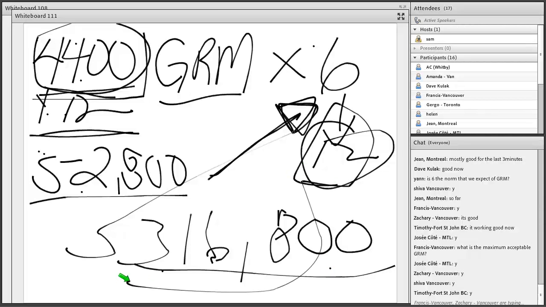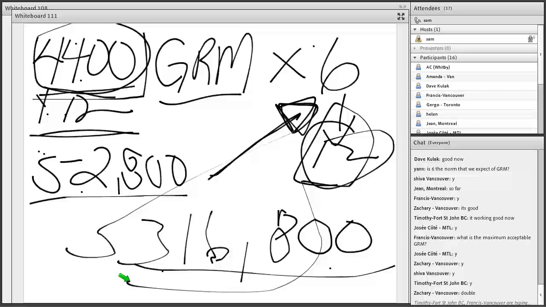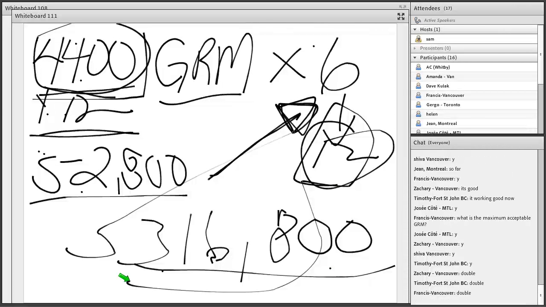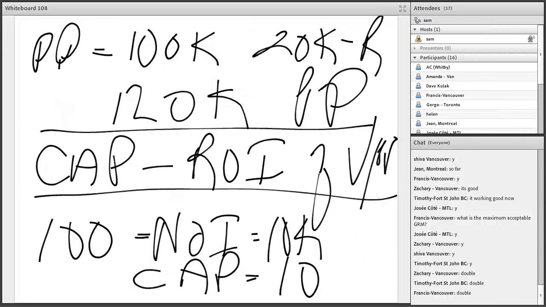A 12 GRM might work in a rent-to-own, but that's typically going to stretch you right out, because obviously a 12 is going to do what to this price? It's basically double.